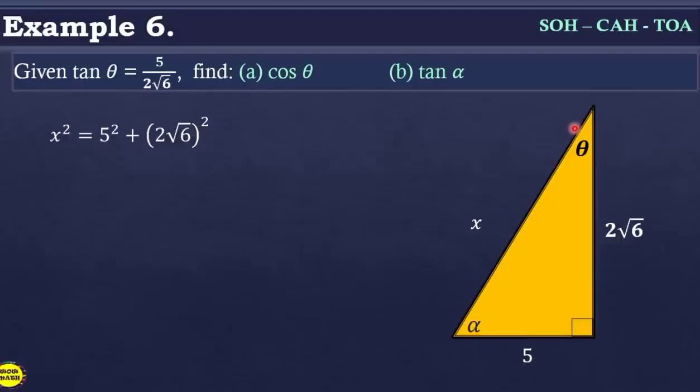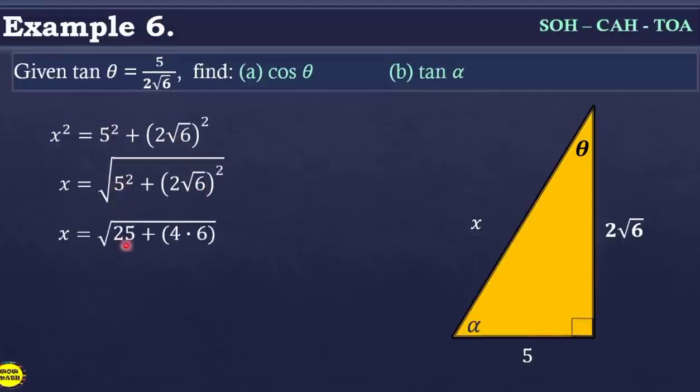Okay? So, find first the measure of this side, your hypotenuse, so that is x squared. Your hypotenuse squared is always equal to the sum of the squares of these two. So, we have x squared is equal to 5 squared plus the square of your 2 square root of 6. By square rooting both sides, we now get x equals the square root of 5 squared plus 2 square root of 6 squared. 5 squared is 25.